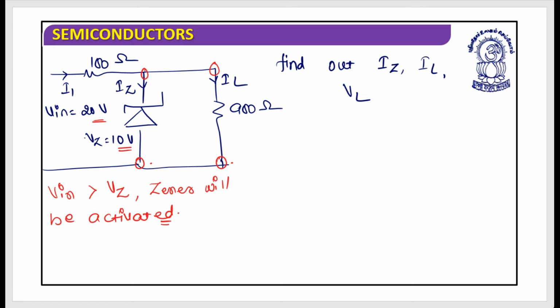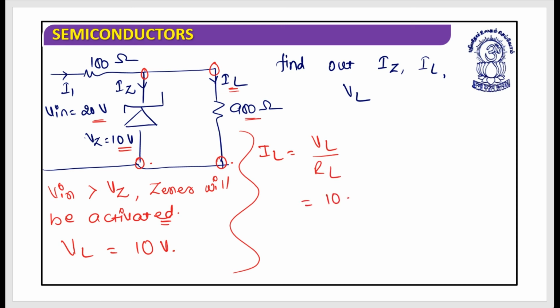So VL would be equal to 10 volt. And if VL is 10 volt, the current could be calculated. IL equals VL by RL, which equals 10 divided by 900, which is 1 by 90 ampere. That is the IL.